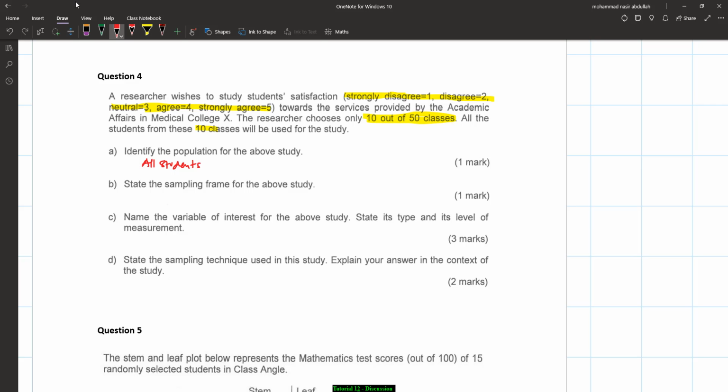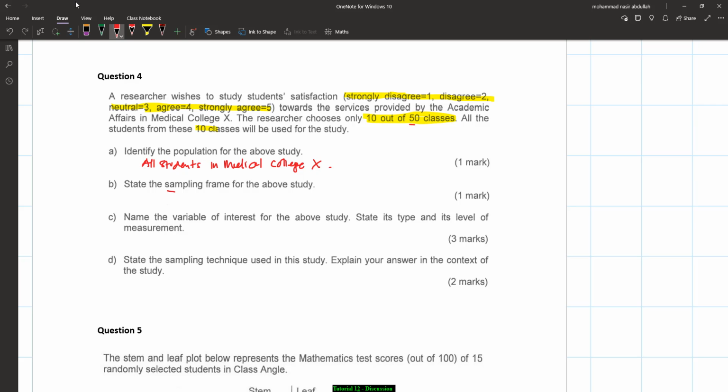I think from all students in medical college X. Maksudnya semua sekali. Right. Yes, we know maybe there are 50 classes or maybe there are more than 50 classes, right? But the population should be all students in medical college X.